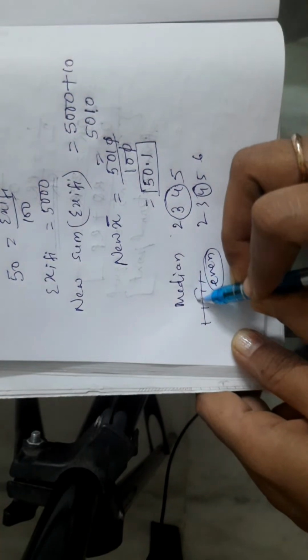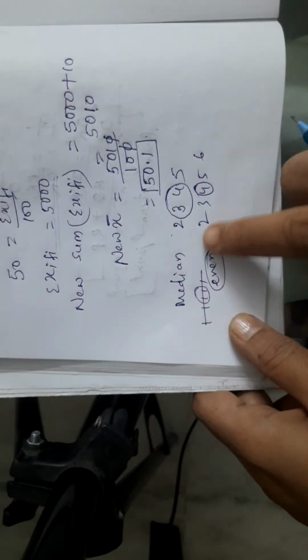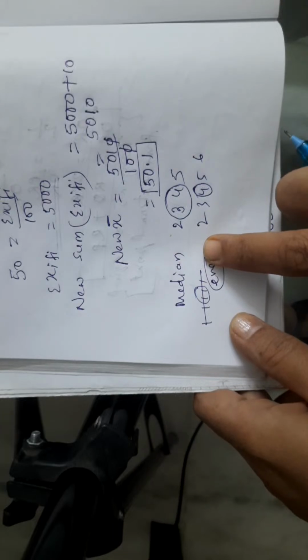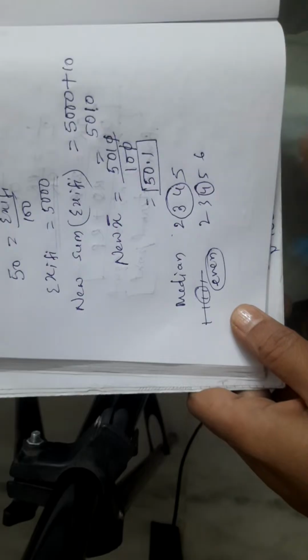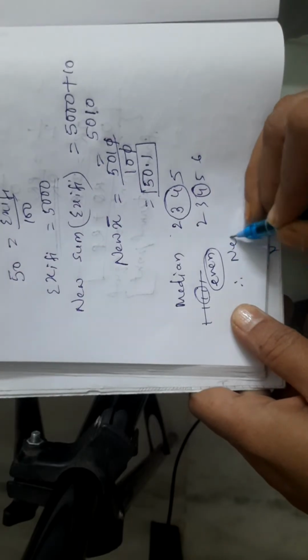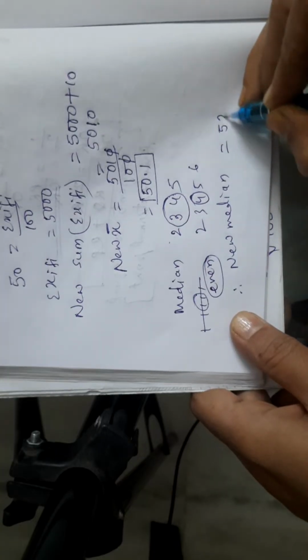Median will be from the middlemost ones. There is no change in the middlemost numbers. Only the last number got changed to 110. So there will not be any change in the median. The new median will be the same, 52.